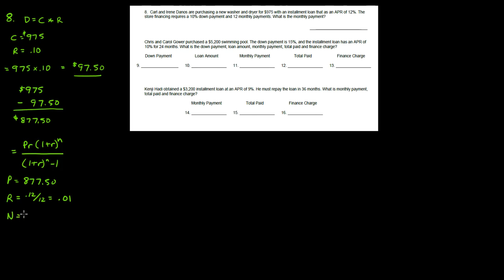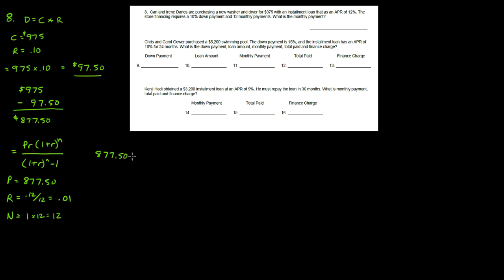My N is going to be years times 12. All I know is that it's an installment loan, so it's only a 1-year loan, borrowed for 12 months. So it's simply 1 year at 12 payments per year, so it's just 12.